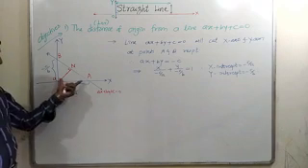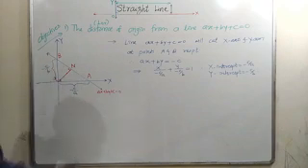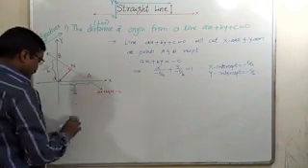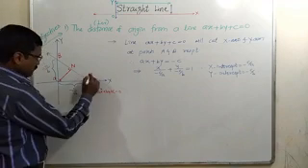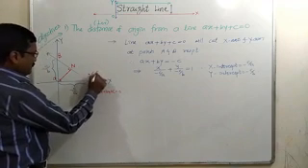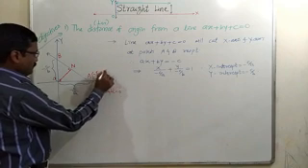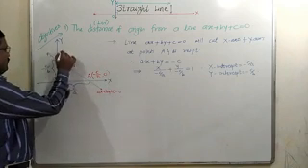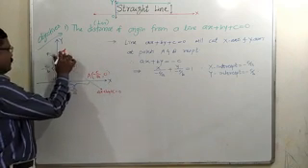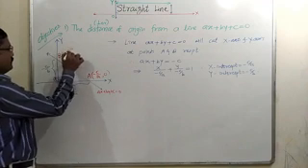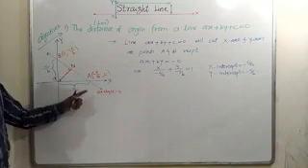That means we get distances OA and OB. So the coordinates of A will be minus c upon a, 0 and coordinates of B will be 0, minus c upon b. Is it clear?